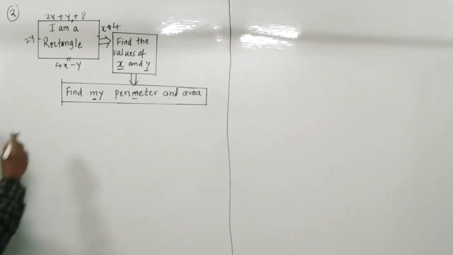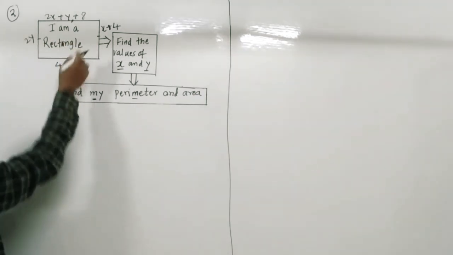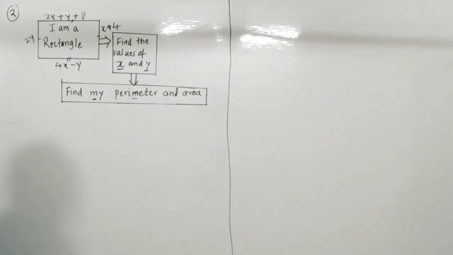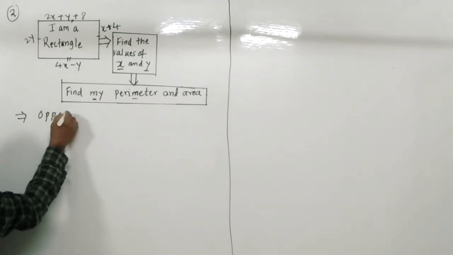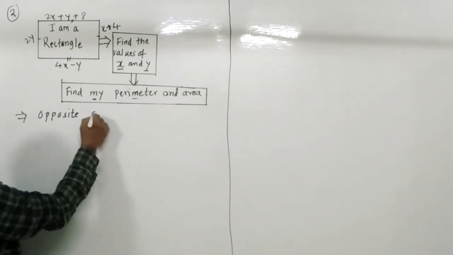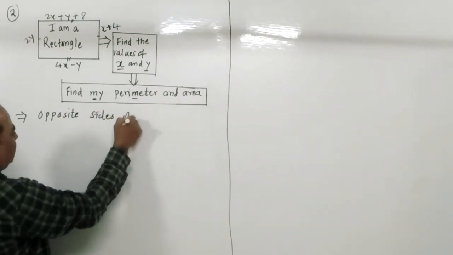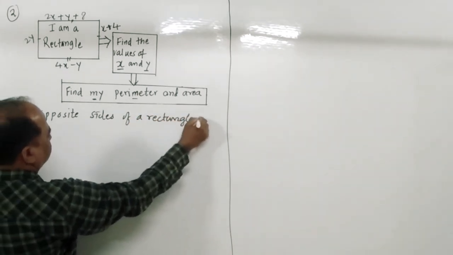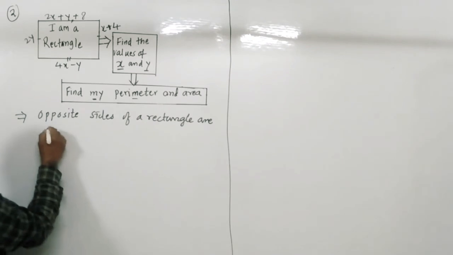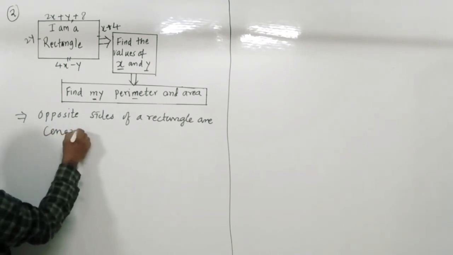So first we'll find the values of variables x and y. We know that opposite sides of a rectangle are congruent, are equal.